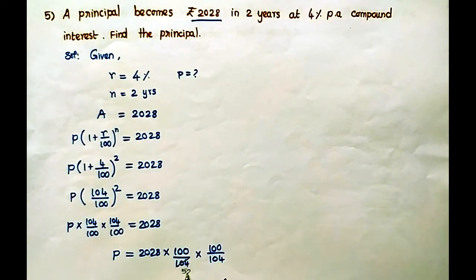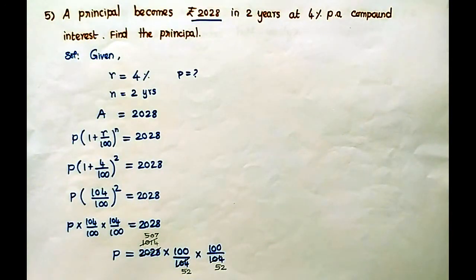52, cancel by 2 table, 10 2s are 20, 4 2s are 8. Again 2 tables, 5 2s are 10, 50 2s are 100, and 14, so 7 times.